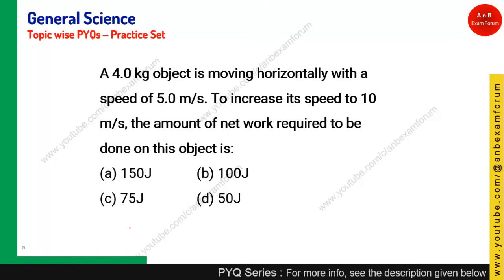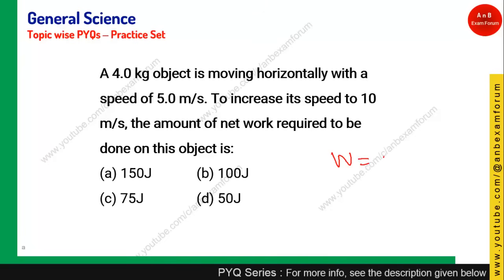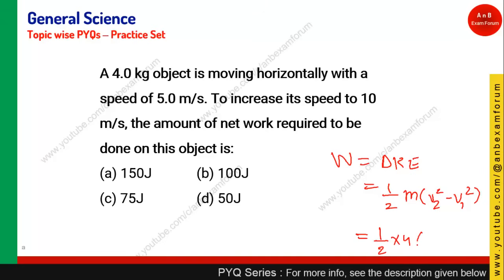Let's see the next question. In this question, the work done you need to calculate with the help of change in kinetic energy. Change in kinetic energy is half m v2 square minus v1 square. Mass is 4 kg, so 1 by 2 into 4.